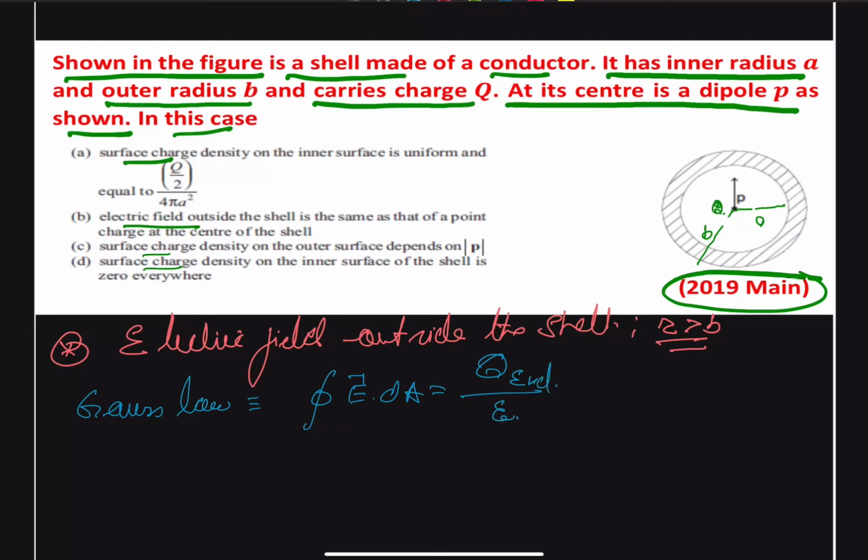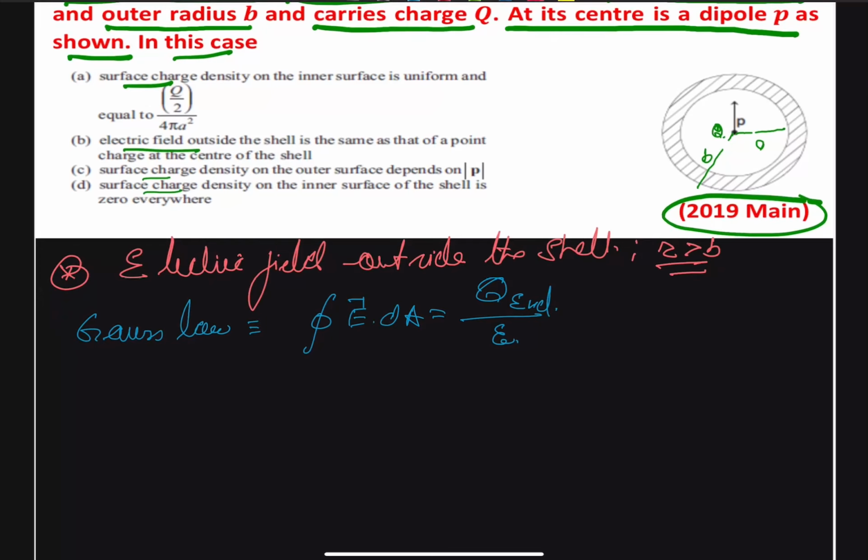And we are given a dipole, and for a dipole we know that the net charge associated with the dipole is 0.